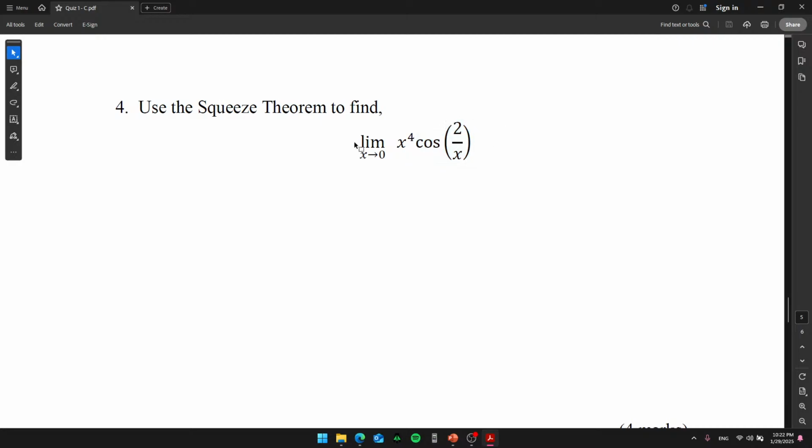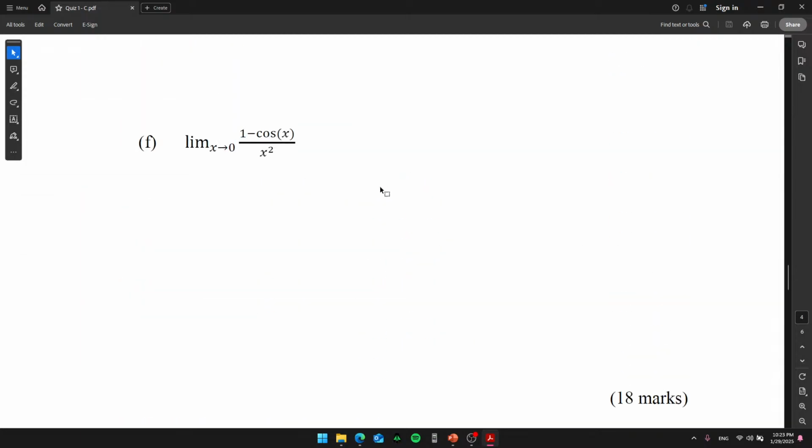You can't restrict x to the power of 4 between two values, but the cosine function you can. Restrict it between -1 and 1, multiply by x to the power of 4 and take the limit. You'll get 0 from left and right.